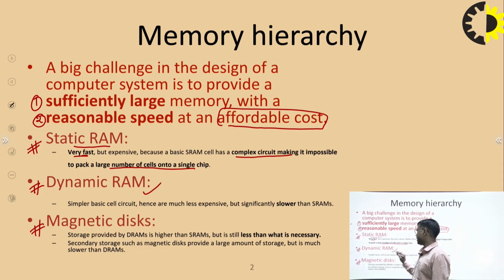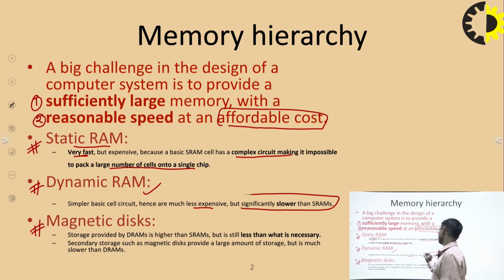On the other hand, if you see the dynamic RAM, it is simpler in circuit. So, the complexity of the circuit is very simple, so it is less expensive. But what is the drawback here? Compared to SRAM, the static one, the dynamic RAM is slower.